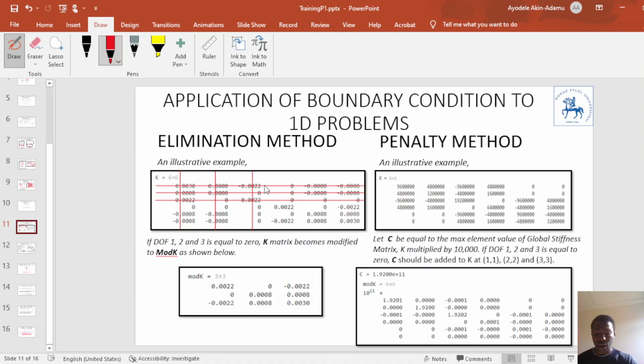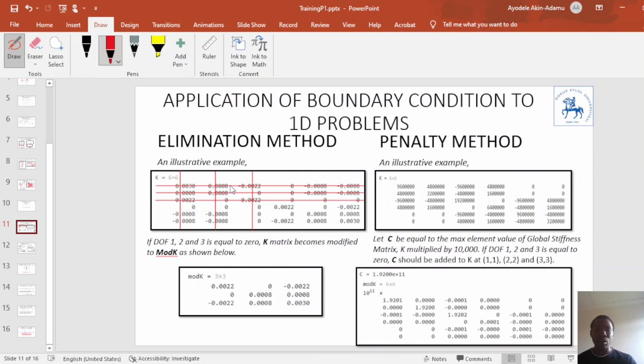In the elimination method, if the rows and columns of the support DOF, where DOF means degree of freedom, are set to 0, then we can cancel the rows and columns of the global stiffness matrix at that point.